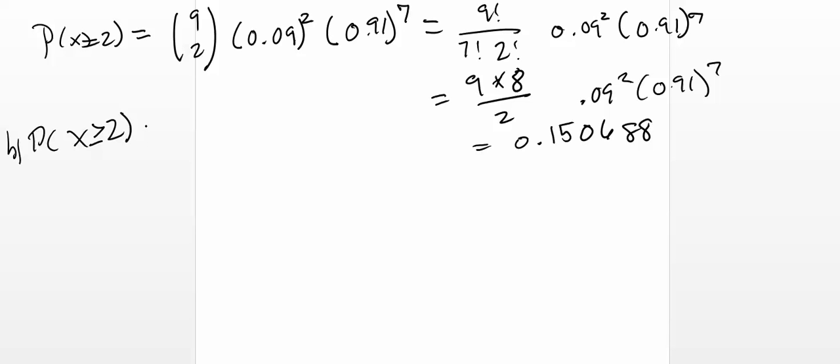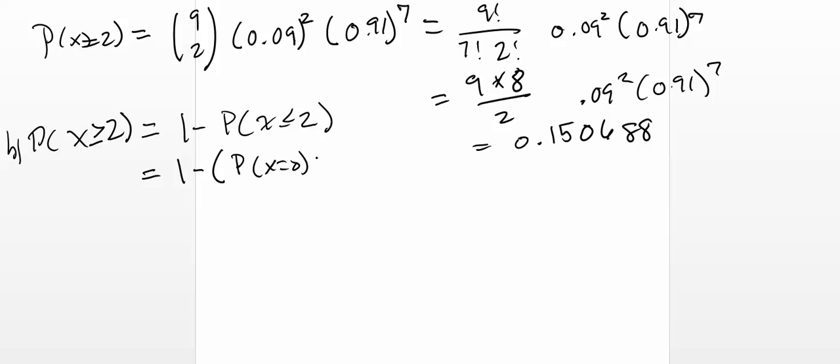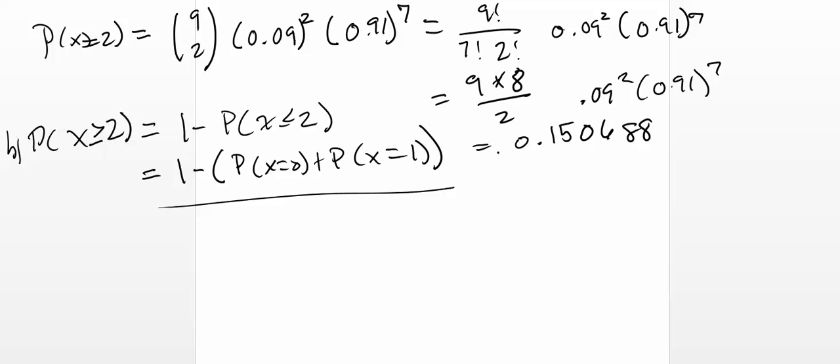So that's the same as saying it's equal to 1 minus the probability that x is less than or equal to 1, and in our case, that's just 1 minus the sum of the probability that x is equal to 0 plus the probability that x is equal to 1.